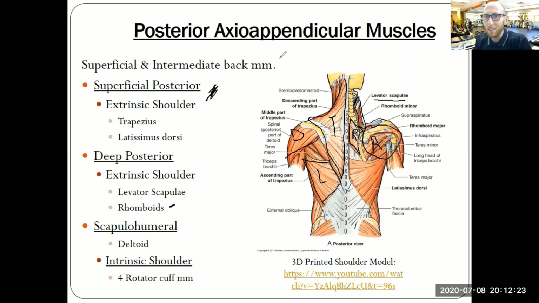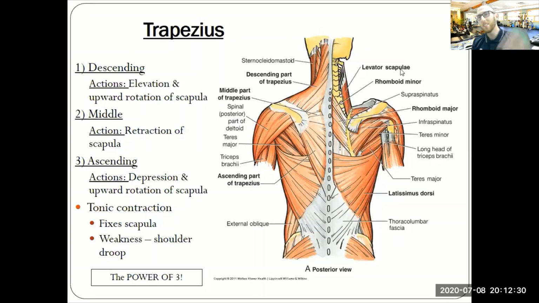Let's dive in. Let's first dive into the trapezius, the most superficial one here. The first thing we're going to look at with the trapezius is it's all the way up at the skull, all the way down to about the mid-back, going straight down those spinous processes that you can feel. Then it's swinging on over, and you actually lose it because you can't see where it attaches on the clavicle.